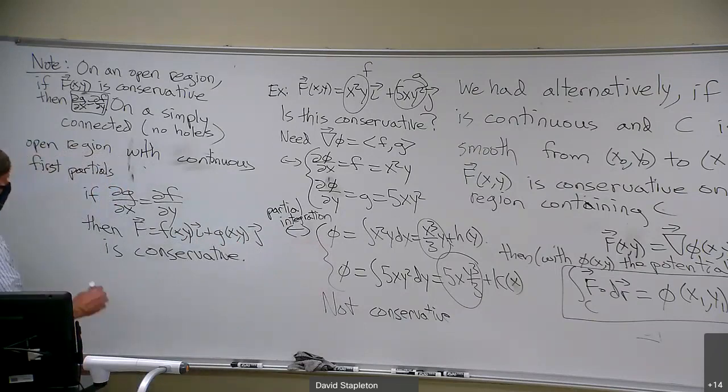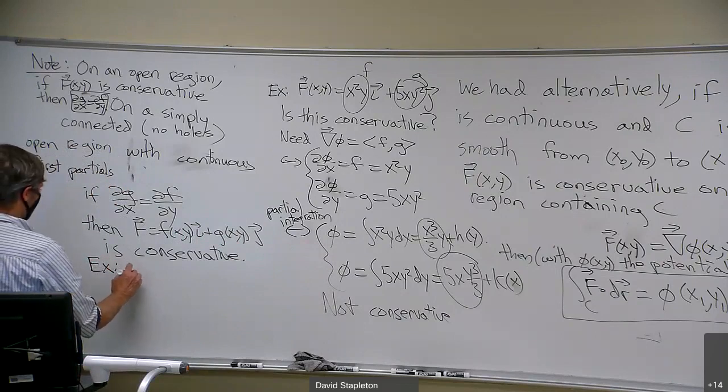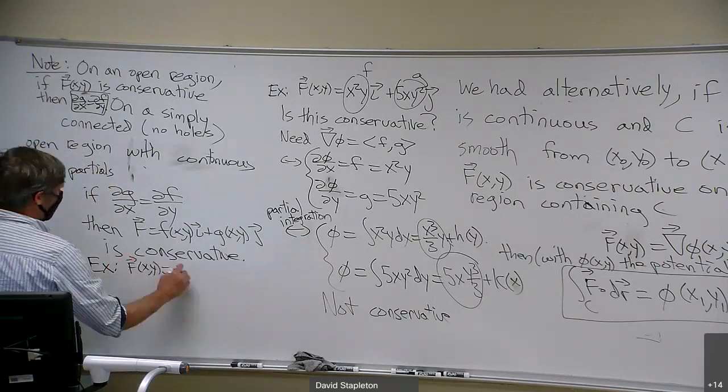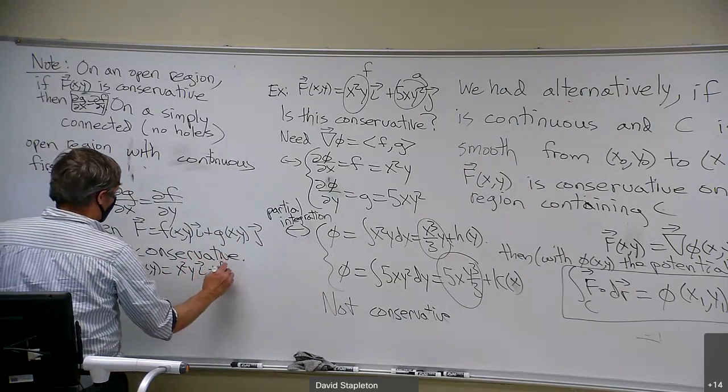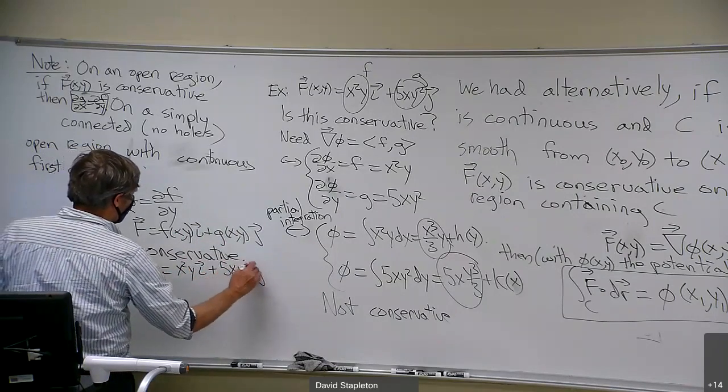So in our last case, f of x y is x squared y i plus 5xy squared j.